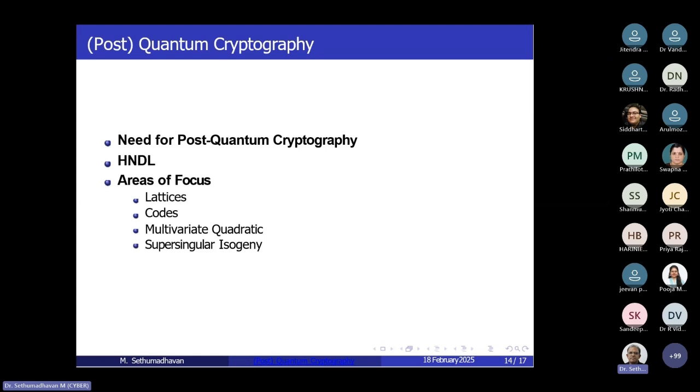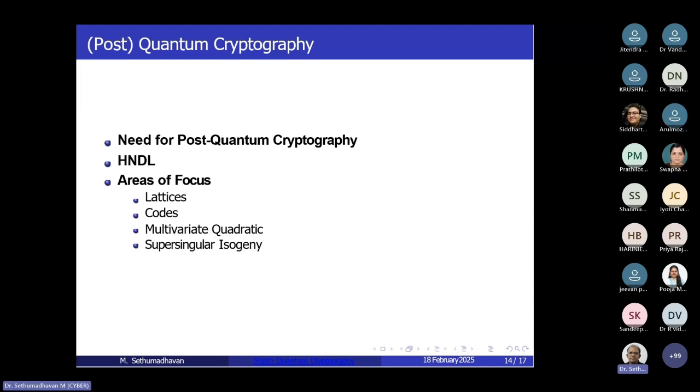In the academic world and the industry world, everybody is talking about HNDL, harvest now, decrypt later. I don't know whether it is true or not, but people are claiming that the NSA is collecting all ciphertext now, taking ciphertext from various sources.